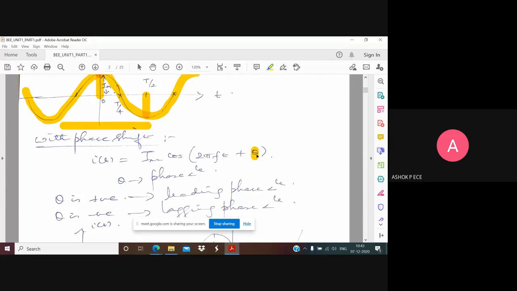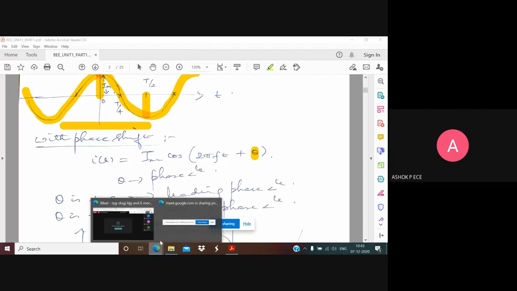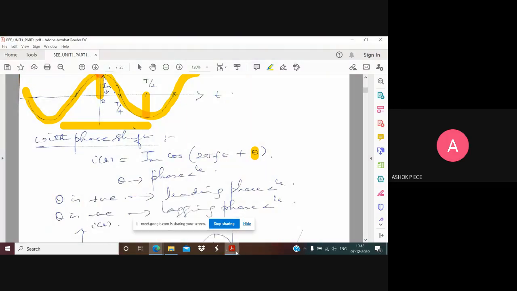I'll give a simple example. Assume you are going to take your college bus and come to college. The bus starts at your house at 7 a.m., for example, and it reaches the college by 8 a.m. So the duration of travel is 1 hour. Now, due to traffic, the bus comes to your house only by 7:10.